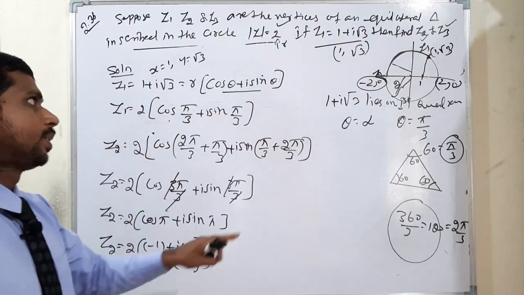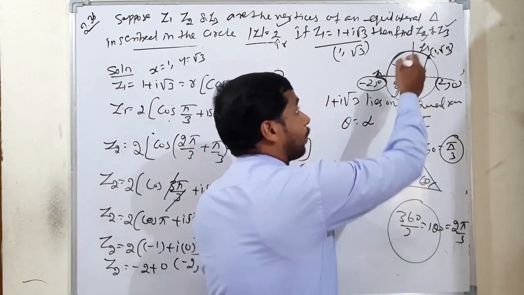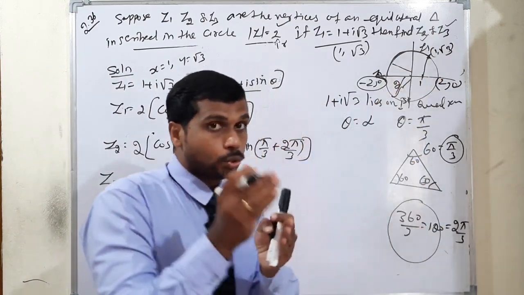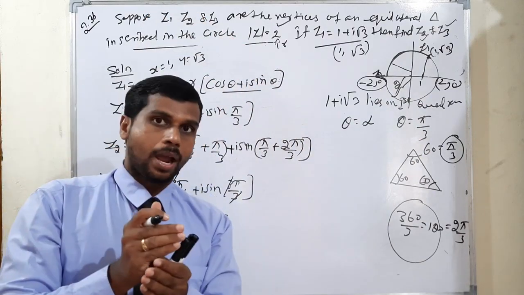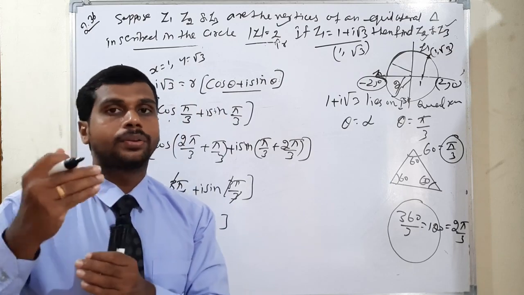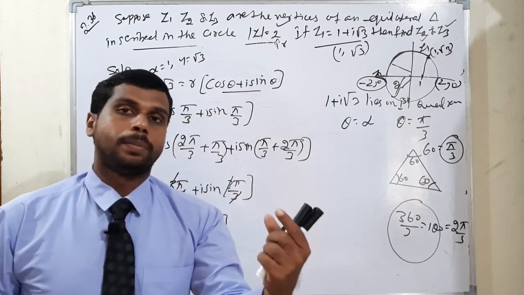Now, Z2 is clear. Then we need to find Z3. Z3 means from Z1 to Z2 the distance is 2 pi by 3. Then moving on to Z3, once again add 2 pi by 3. So, 2 times you have to add 2 pi by 3, which means 2 pi by 3 plus 2 pi by 3 gives 4 pi by 3.